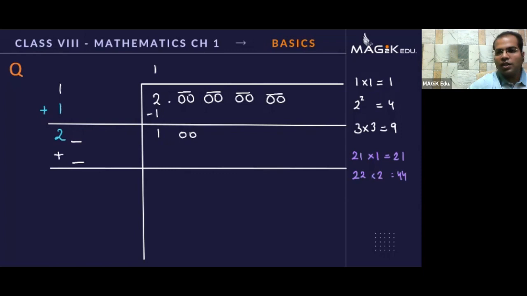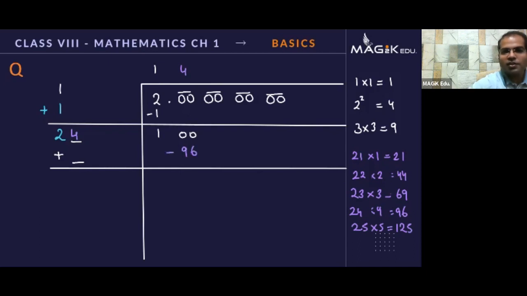So 23 into 3, that gives us 69. 24 into 4, we get 96. 25 into 5, 125, बड़ा हो गया. So 25 into 5 not useful, but 24 into 4 definitely useful. 24 4s are 96. यहाँ पे हो जाएगा addition.